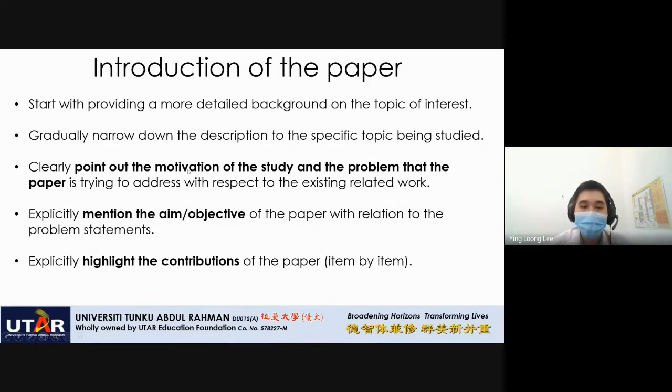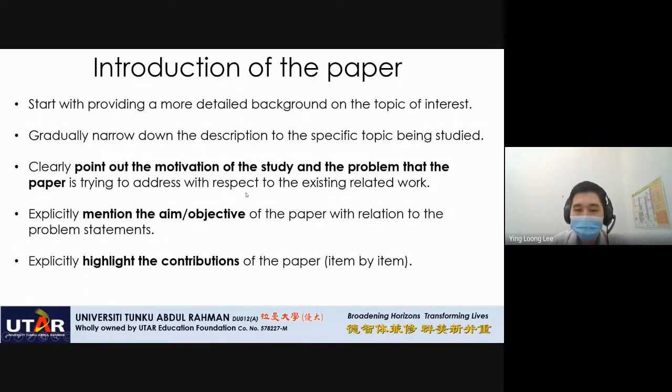So I found that they are always missing this part, the motivation of the study and the problem that they are trying to address. They just straight away talk about what they want to do, but they didn't give the reason why they want to achieve this objective. Okay, so this part is actually the reason why you want to do this study. So you should point out the motivation and the problem that you are trying to address.